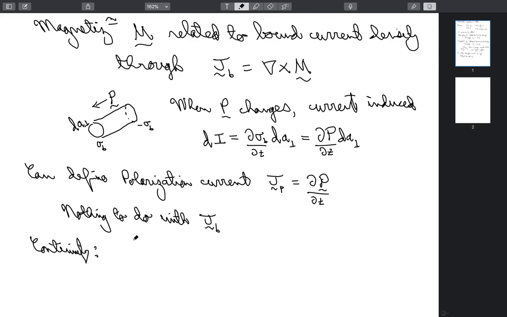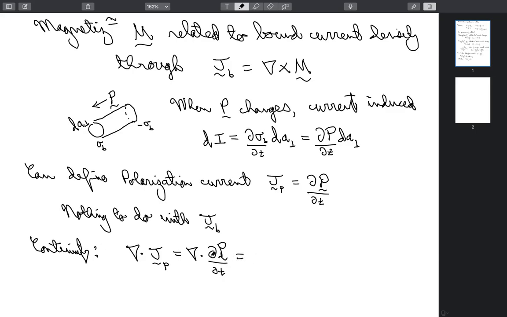So what would happen is that, of course, my bound charges would have to be conserved. But if I look at the divergence of my polarization current, what do I get? Well, it's just using this definition that we have here. It's just the divergence of dP/dt.